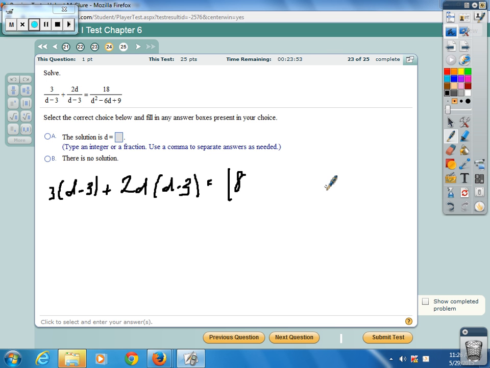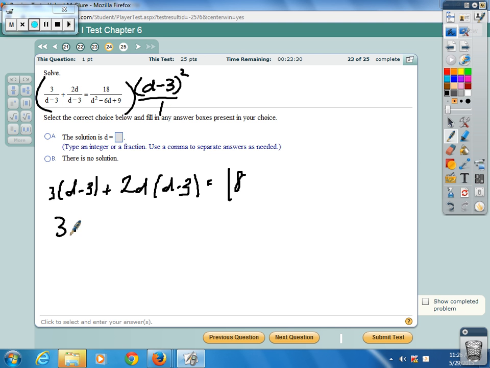Because basically you're multiplying by D minus 3 quantity squared over 1. And the D minus 3's cancel, make that a 1 times 3. And the D minus 3 cancels with that to make a 1 times that. And then this cancels with that for 18.